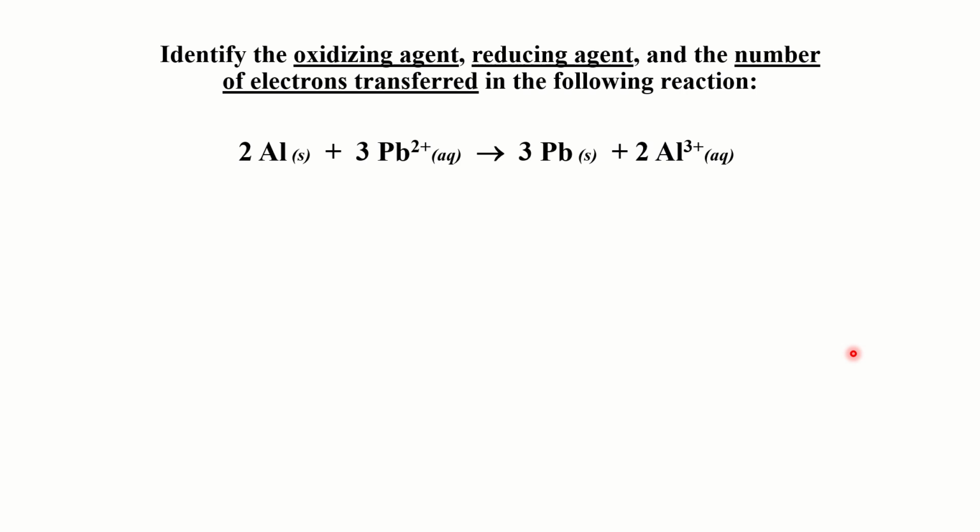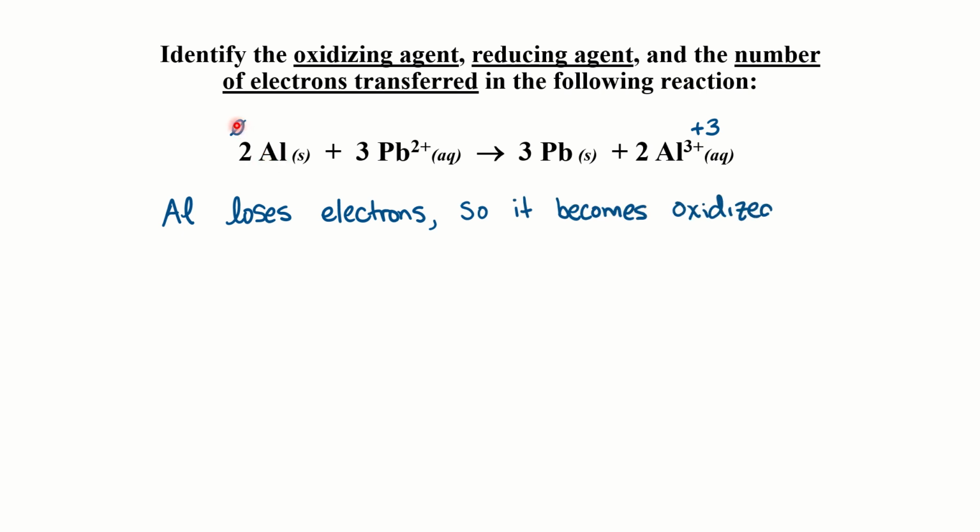All right, so let's look at this example reaction. We're going to identify the oxidizing agent, the reducing agent, and the number of electrons transferred. Let's start with aluminum. We can see on the left side that aluminum has an oxidation number of 0, and on the right side it has an oxidation number of +3. The aluminum is losing electrons, so we can say that it's becoming oxidized.